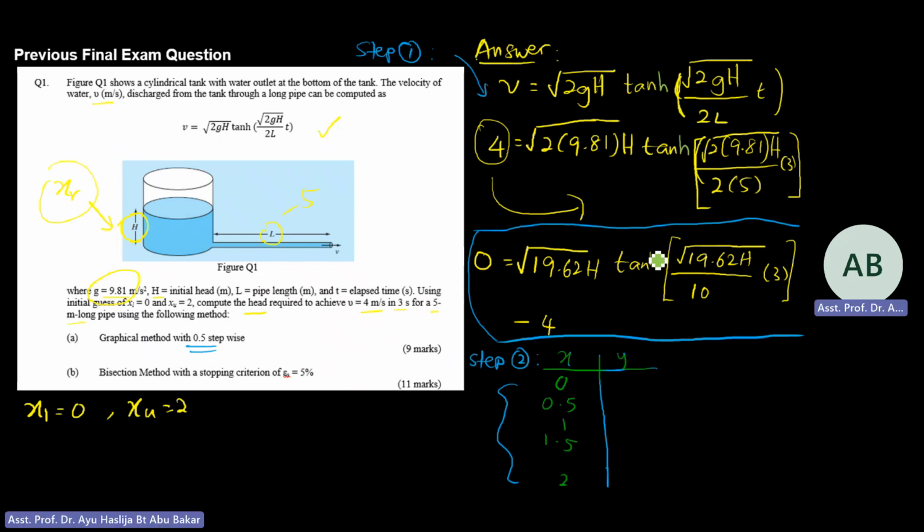Okay, now we use tanh. Later you compare your result. When using tan hyperbolic, the function that you need to use in your calculator, this one using 570, bracket hyperbolic HYP.